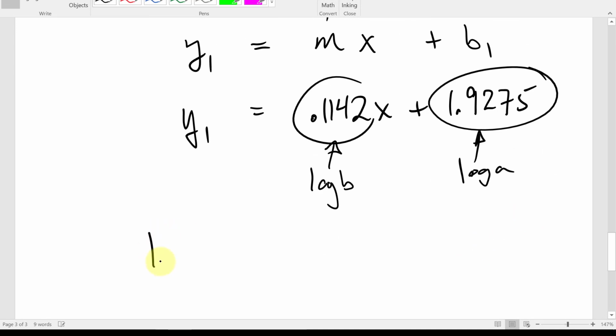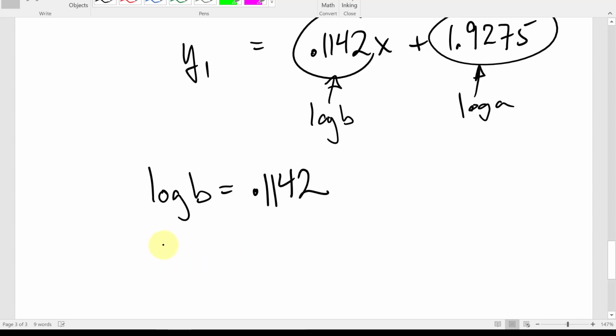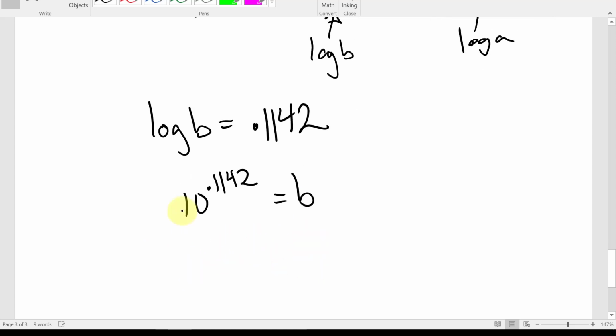In other words, log b is equal to 0.1142, and that's base 10 log, which means we can rewrite this as 10 to the power 0.1142 is b. And you put that on a calculator, 10 to the power 0.1142, and you get about 1.3. For the growth factor, the base of the exponential function is 1.3.